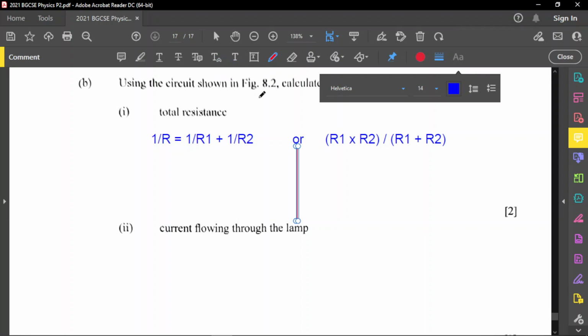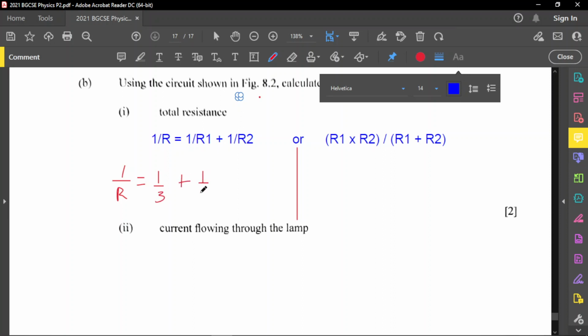Let's work this out on this side. So 1 over RT, which is the total resistance, is equal to 1 over R1, which is 1 over 3, plus 1 over 4.